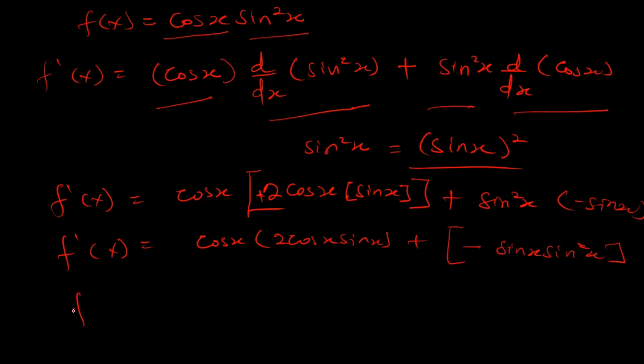So when we simplify, we are going to get 2 cos squared x sine x minus sine cubed x like this. Okay, so that's our final answer.